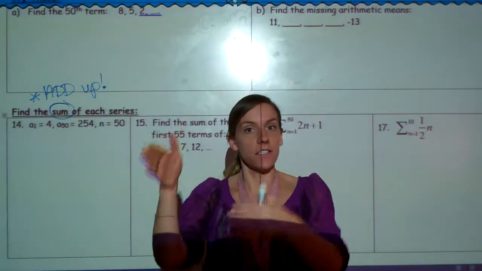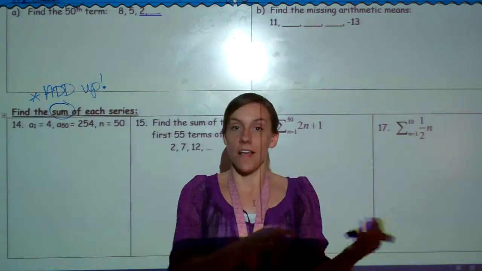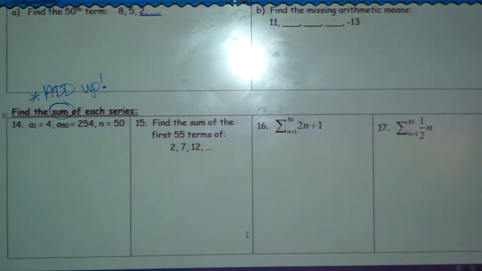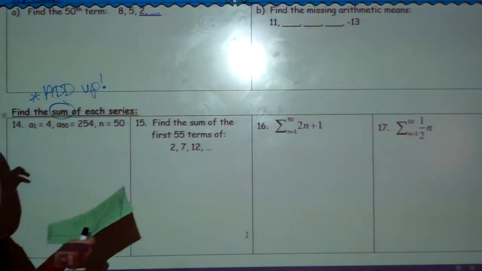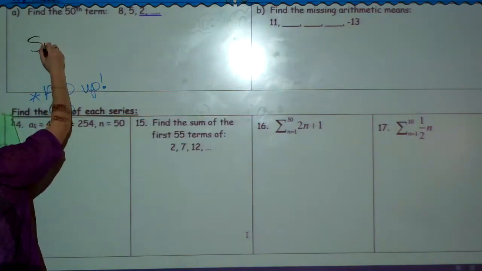And again, we're just going to list the parts of the formula, figure out which one is missing, and then use the formula to solve it, okay? So on your formula sheet, the formula for sum is S sub n.